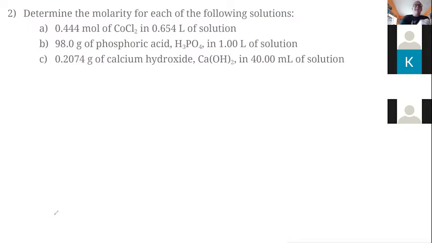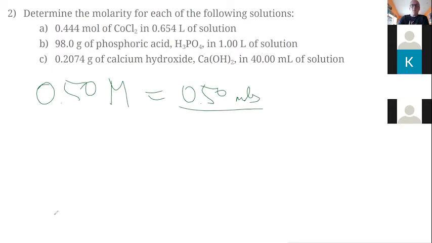So it is a measure of concentration. You're absolutely right about that. But what does this number mean? If something is 0.50 molar, what does that mean? Is that moles per liter? Exactly. It means we have 0.50 moles in 1 liter of solution.